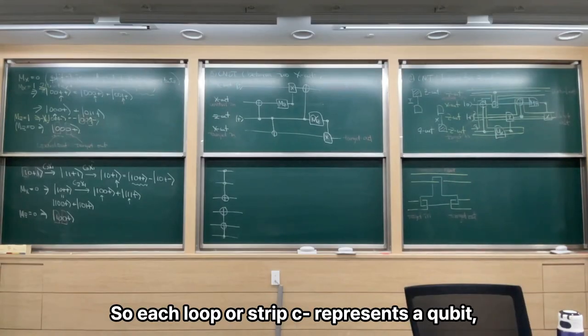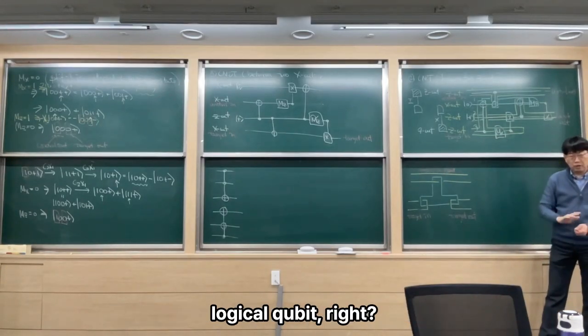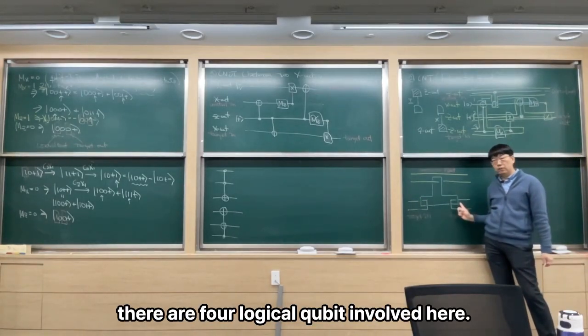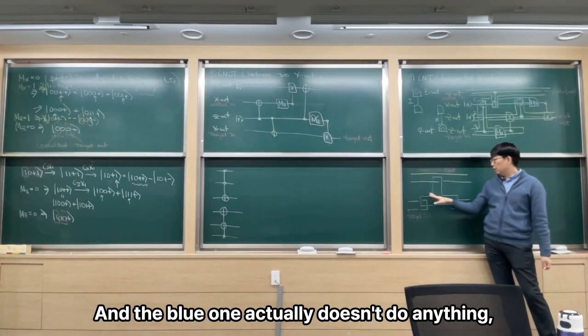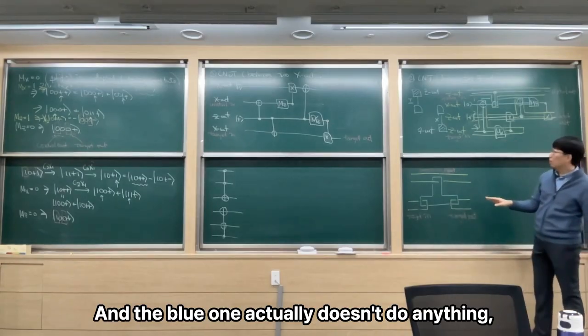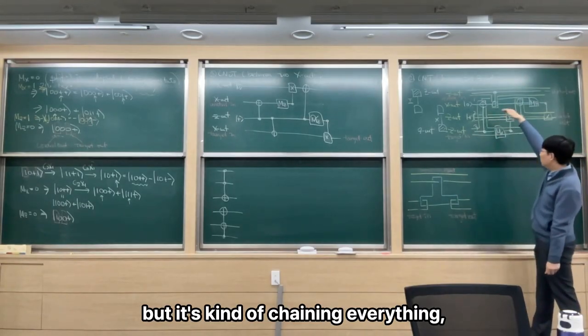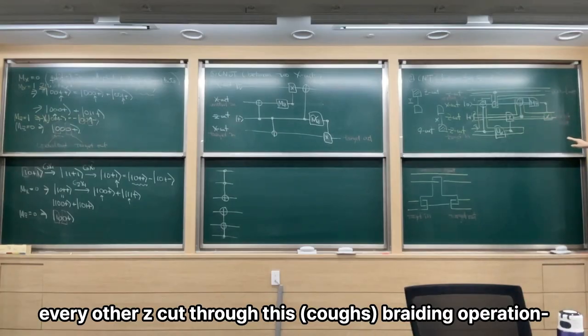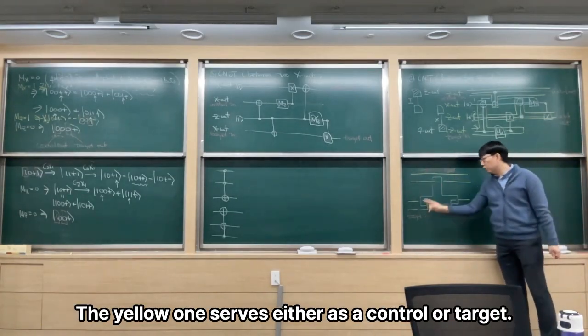Each loop or strip represents a logical qubit. Including the blue one, there are four logical qubits involved here. The blue one actually doesn't do anything, but it chains every other Z cut through this braiding operation. The yellow one serves as either a control or a target.